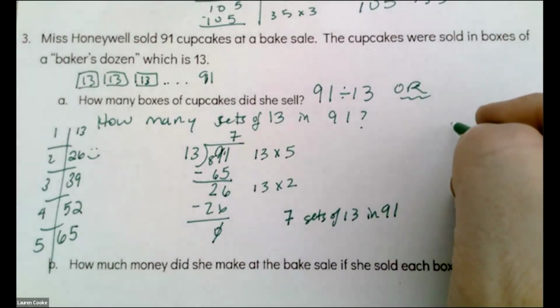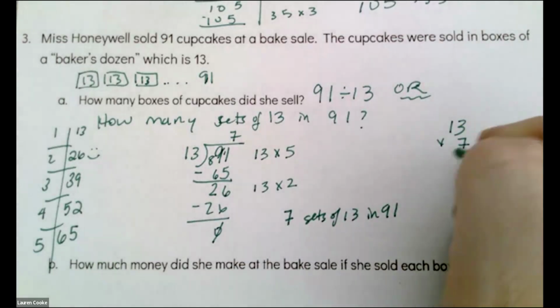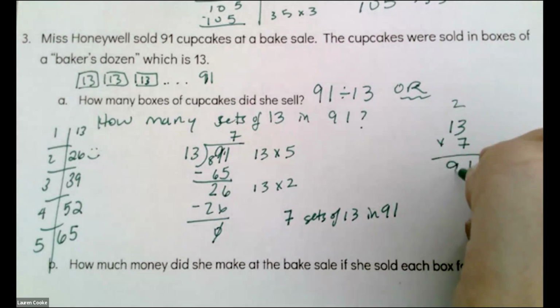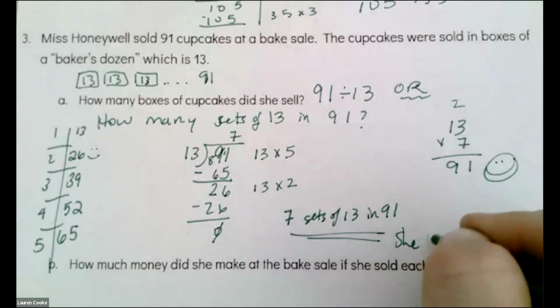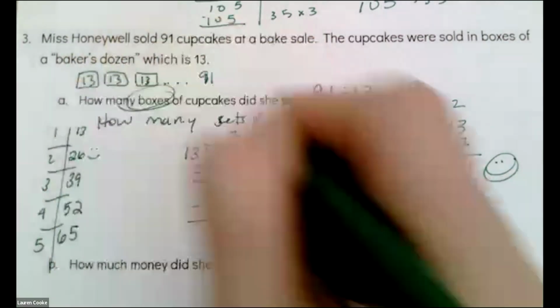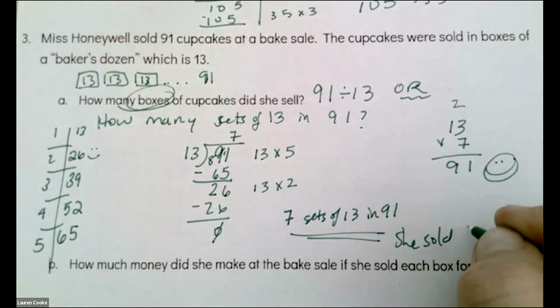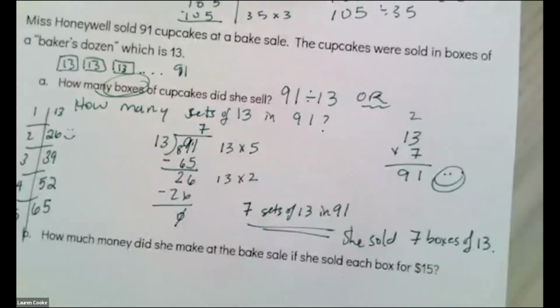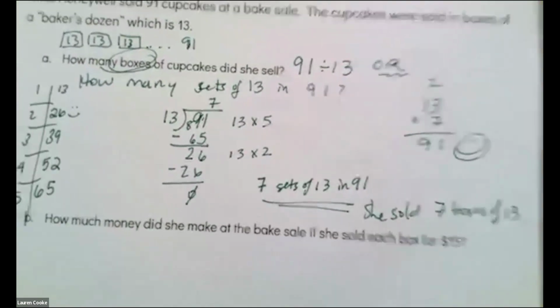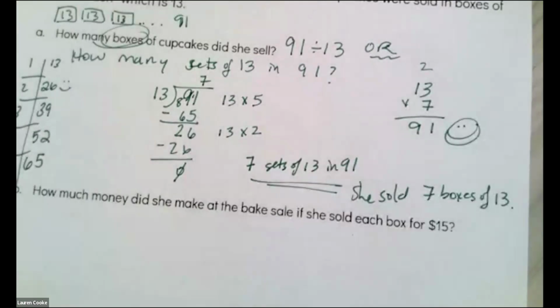And I'm going to check that. 13 times 7. Great. Okay, so you have to refer back to the problem. She sold 7 boxes of 13. Now, how much money did she make if each box is $15?